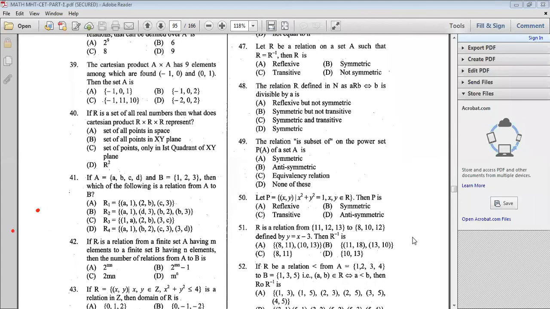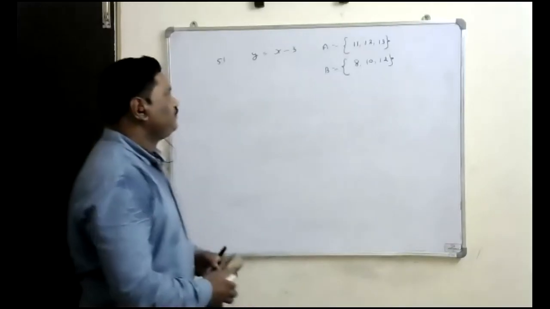Here the first set A is {11, 12, 13}. The second set B is {8, 10, 12}. The relation is y is equal to x minus 3. Then what is R inverse? Just observe this.